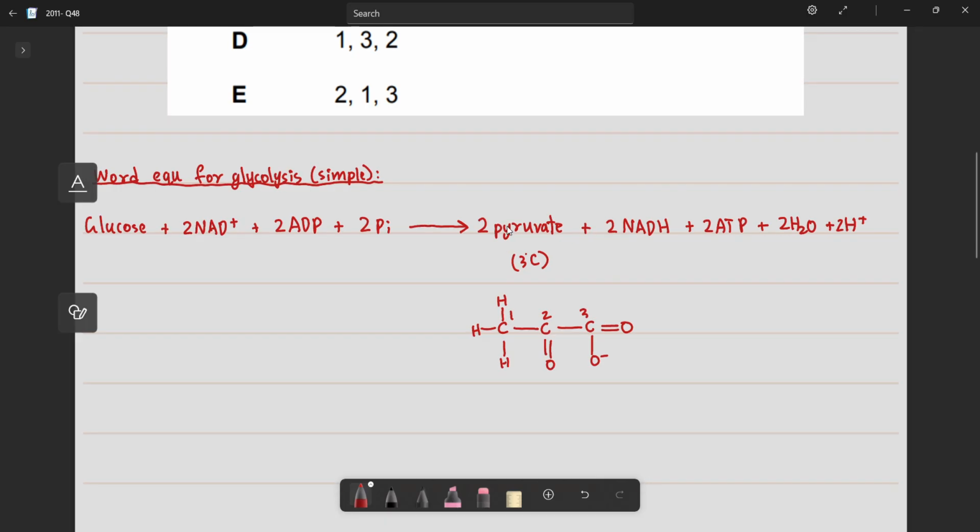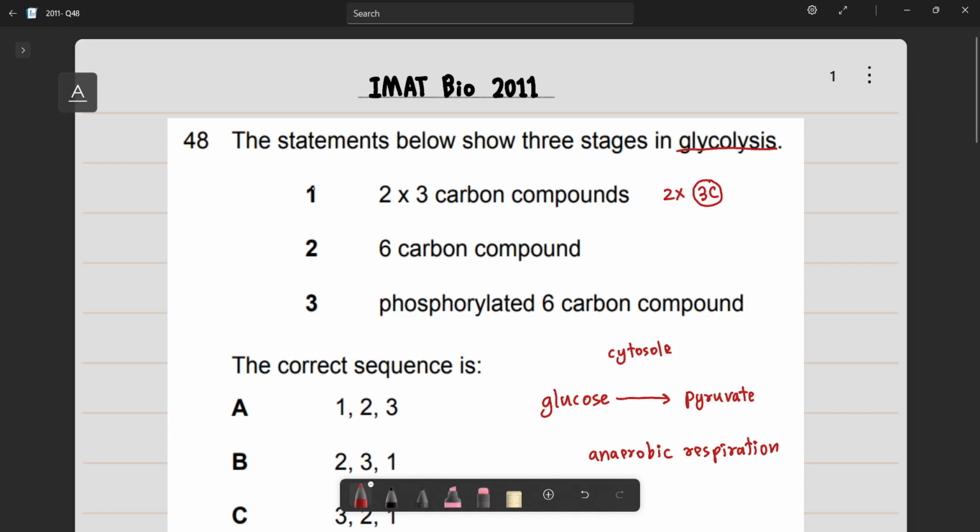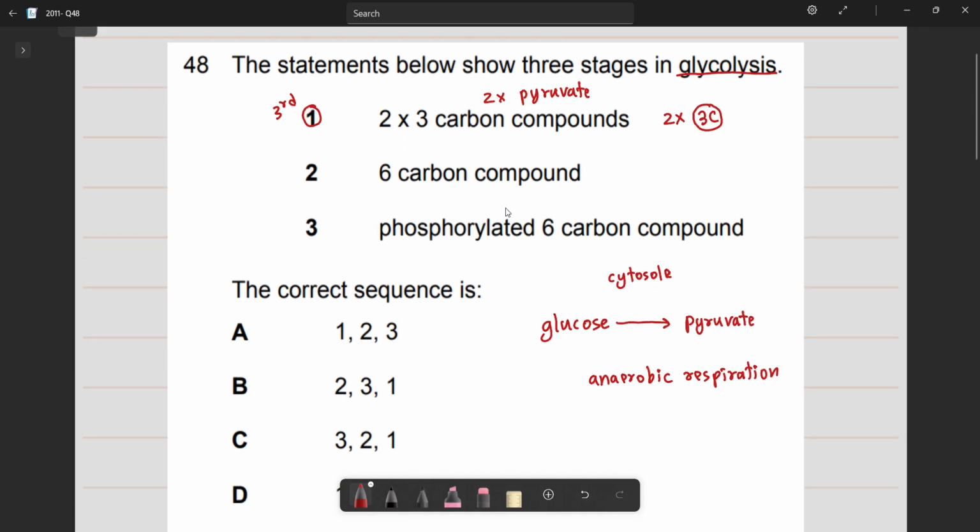We easily know this is our final product, so we mark this as the third stage. Two pyruvate compounds are produced at the end of glycolysis.